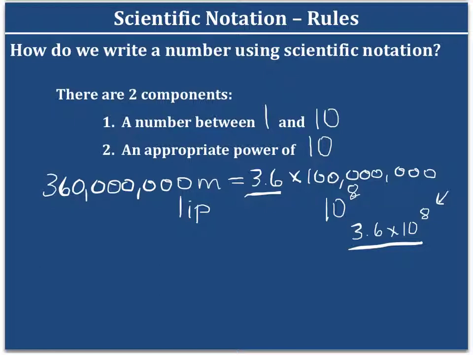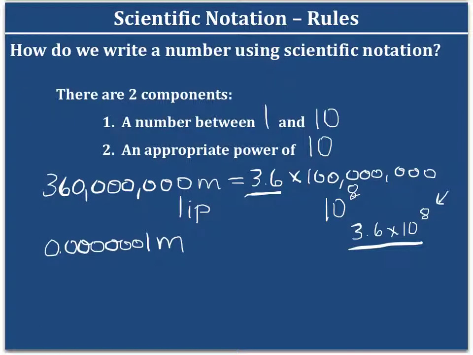Okay, so let's take a really small number as an example. So the diameter of our virus. Okay, so let's try it the second way. Find the decimal. So it's right here. See how many places we need to go in order to get a number between 1 and 10.